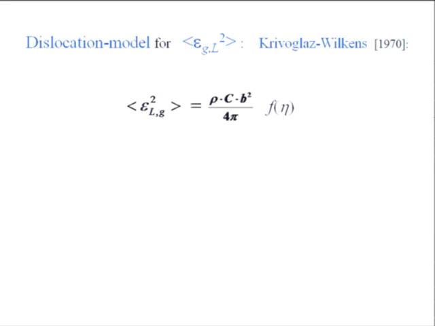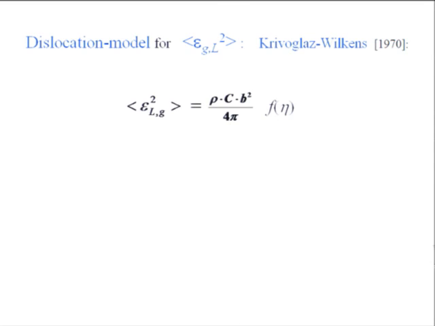So it is the most anisotropic lattice defect you can think of. And it has to be characterized by its strength, which is the Burgers factor, its line vector, which tells you the orientation, and the elastic constants of the material also play a role. That is all in this factor C. This is the Burgers factor. And there is a function which tells you the functional form of the mean square strain.